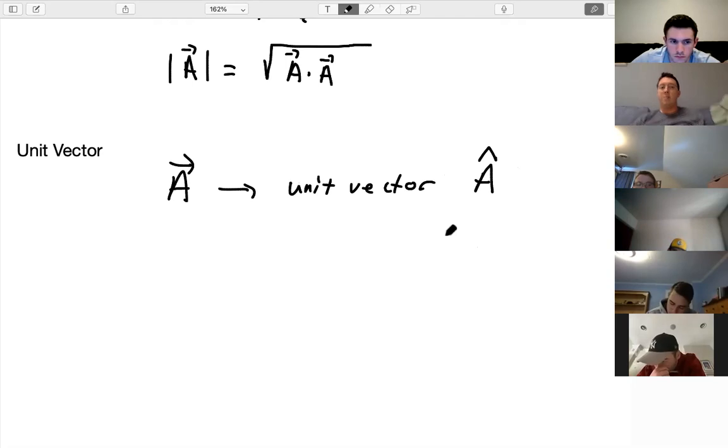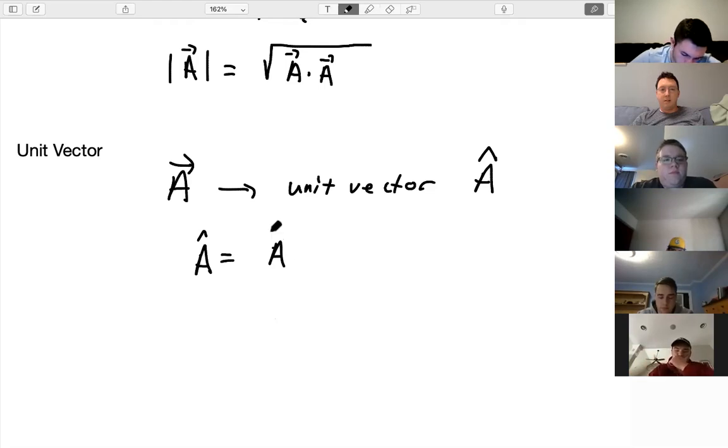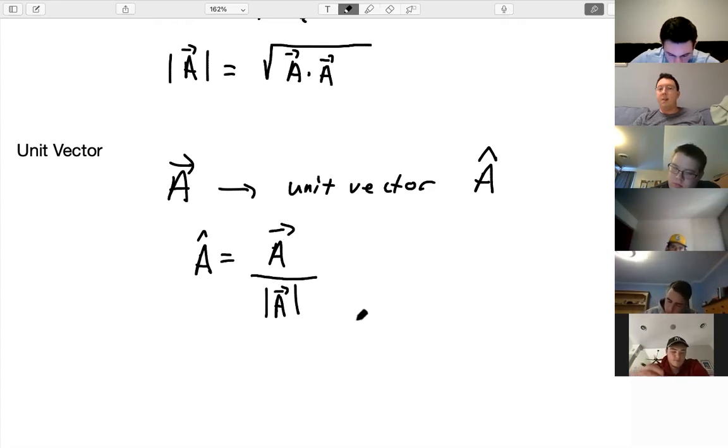The way you do that is, if the vector has some length, you rescale it so that it has length 1. So you divide by its magnitude, the scalar size. What I'm left with is something that has length 1.